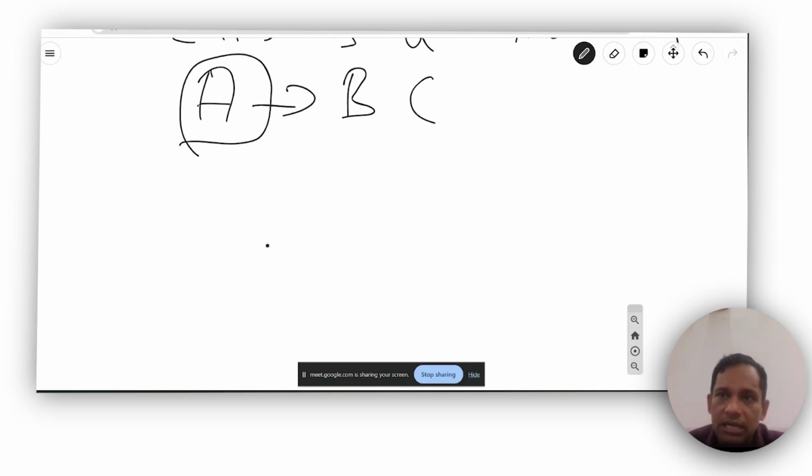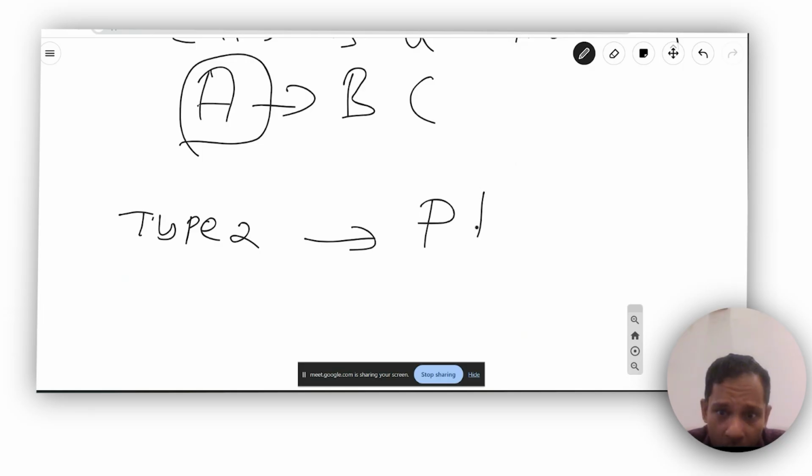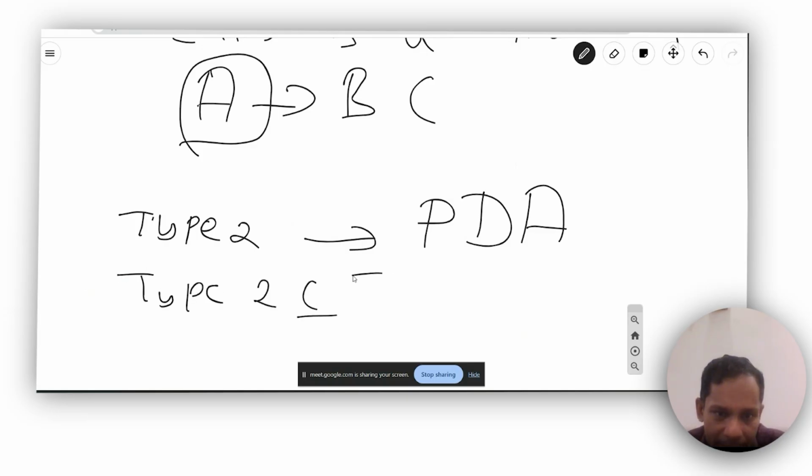Remember, it comes under what? Type 2, isn't it? Context-free language comes under type 2. It is accepted by pushdown automata. And remember, type 2 is a subset of type 1, and type 1 is a subset of type 0.